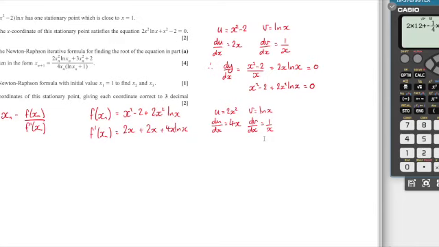So, what have we got? This Newton-Raphson formula, xn plus 1, is therefore going to be xn minus xn squared minus 2 plus 2xn squared ln xn, all over 2xn plus, no, we can simplify that to be 4xn plus 4xn ln xn.